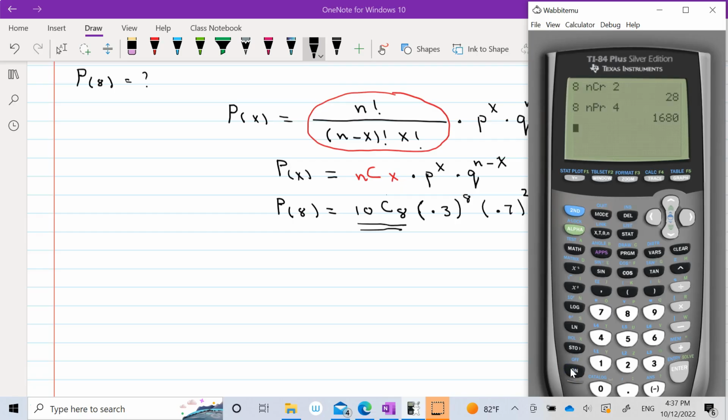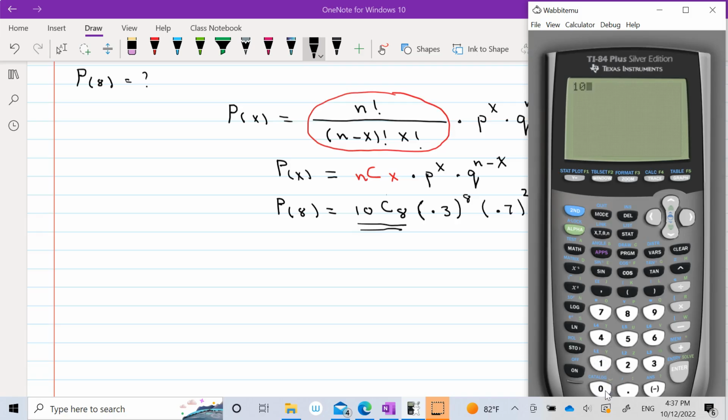If you only have a scientific calculator, you have a button nCr. I'll show you what it is here. If you are using a TI-84, punch this number first. Punch your n first. My n is 10.